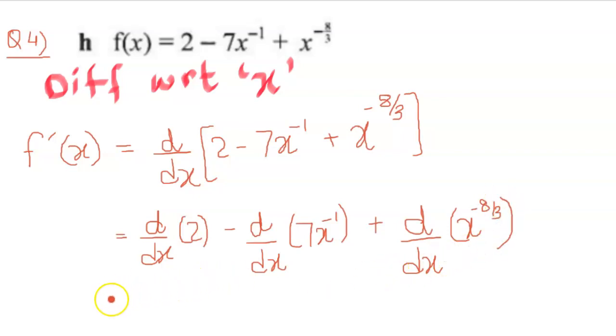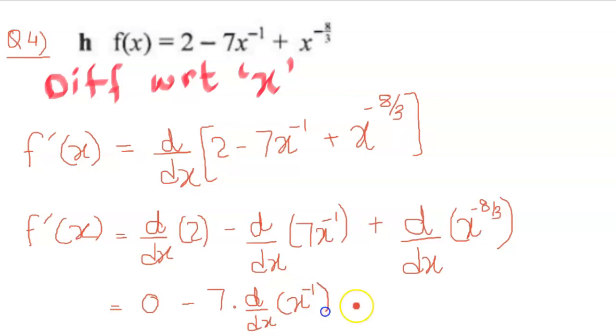Once I've got that, I need to differentiate. On this side, it's f dash of x. When I differentiate that one, the differentiation of a constant is 0. Minus, now the rule for differentiation is that the 7 comes out, and you differentiate d over dx of x to the power minus 1. Plus, let me write this down and differentiate it in the next step.